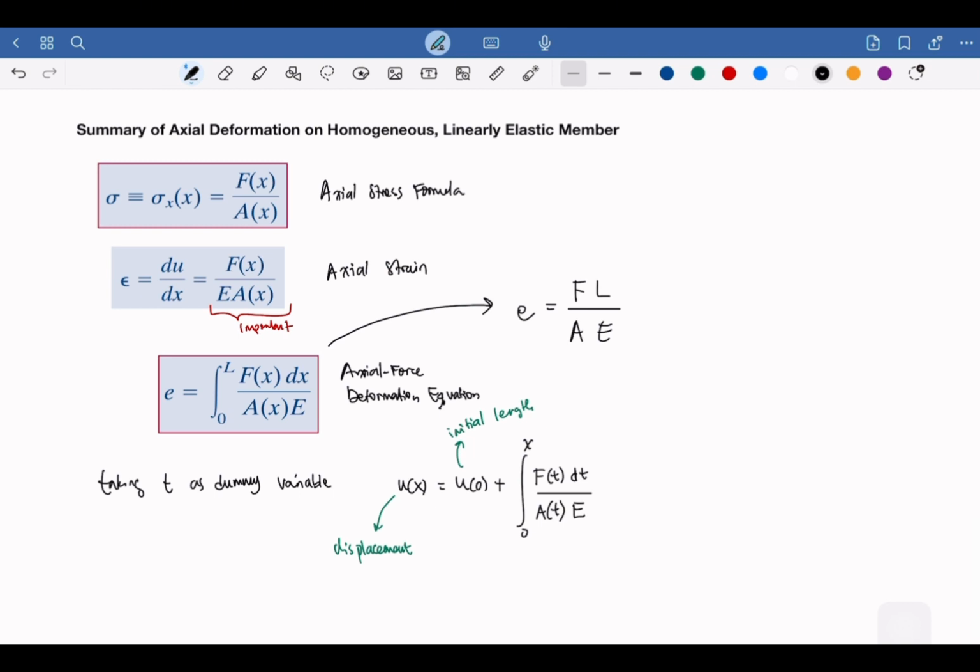Easy to remember the formula. You don't even need to write the formula. So I think for the whole case in axial deformation in chapter 3, this will be our main formulation. Elongation equals F multiplied by L divided by A, and then E as the modulus of elasticity.